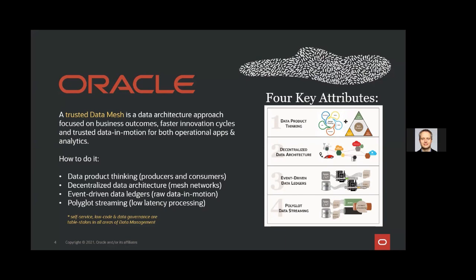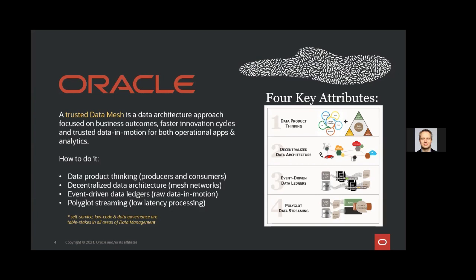Another attribute is decentralized data architecture or a distributed data mesh topology, which is the way to distribute across the networks between on-prem, multi-cloud, or use the cloud as customer approach, etc., etc.